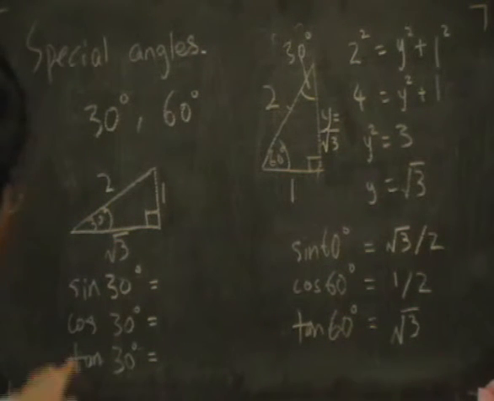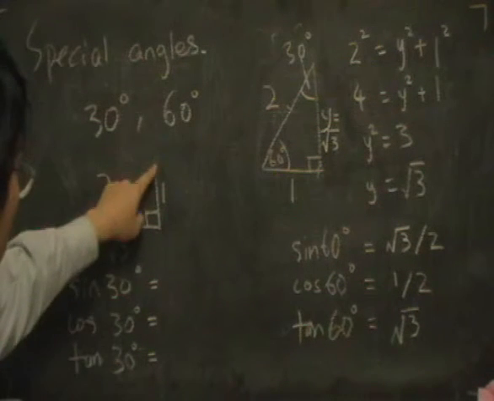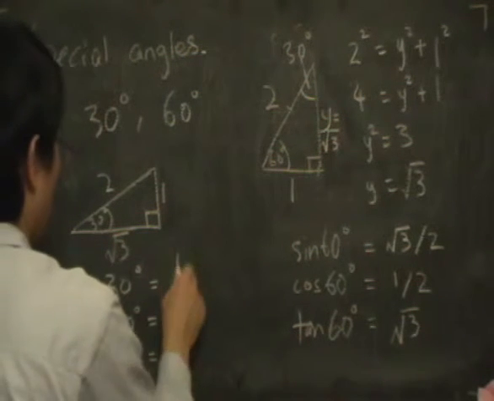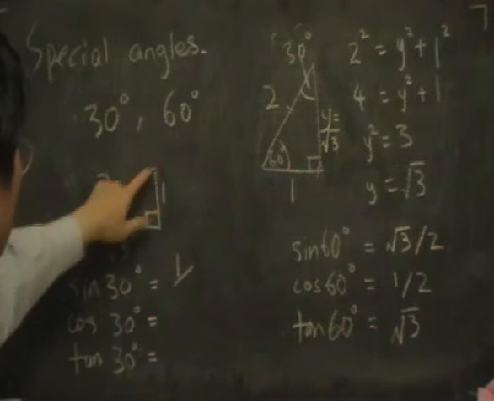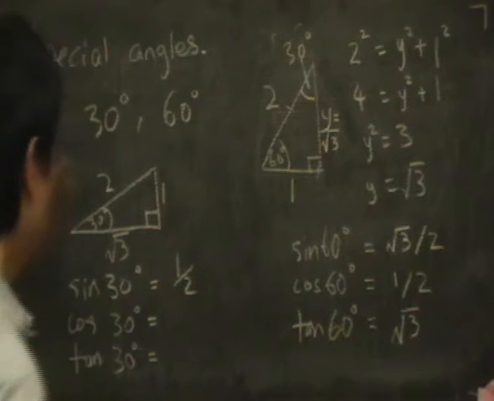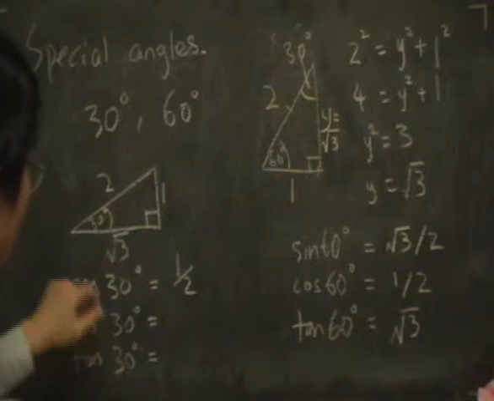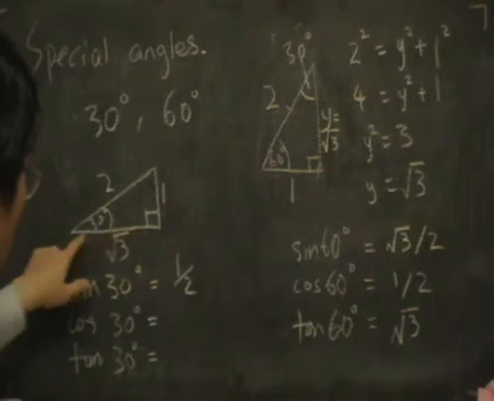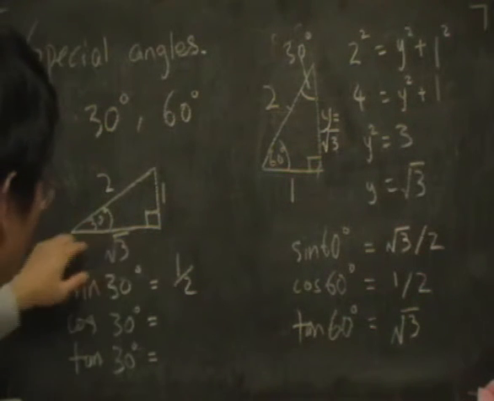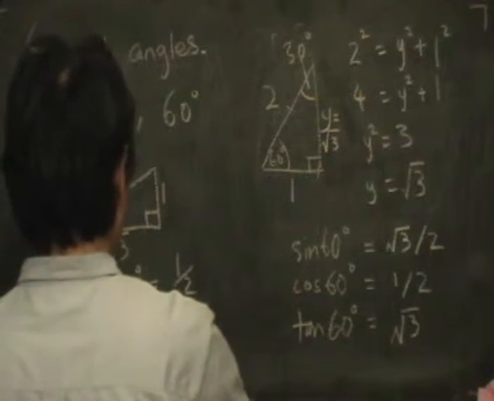Right, so sine 30 degrees is the opposite 1 divided by hypotenuse 2. Okay, cosine 30 degrees is the square root of 3, the adjacent, divided by hypotenuse 2.